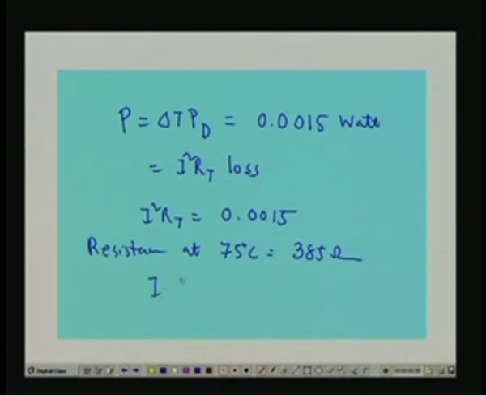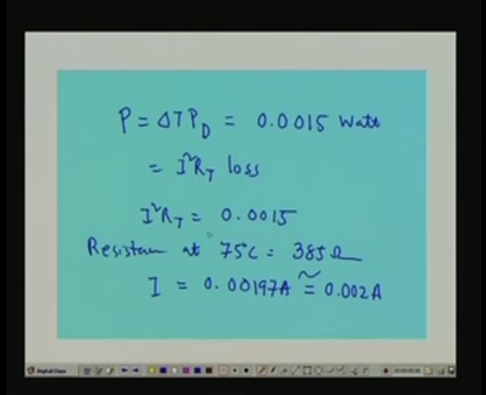So, the current I which is flowing through the RTD at 75 degree centigrade is equal to 0.00197 ampere, or almost equal to 0.002 ampere. This is the current which is flowing through the RTD.